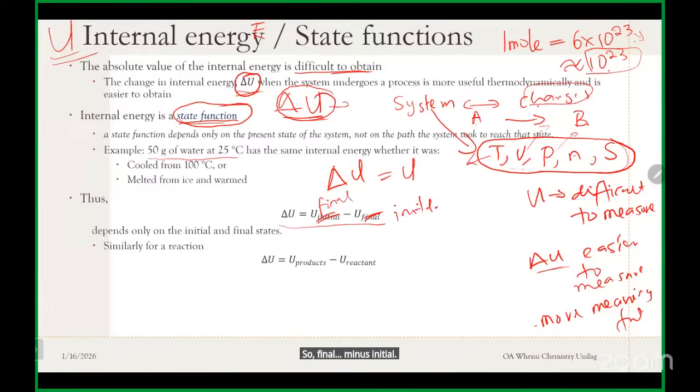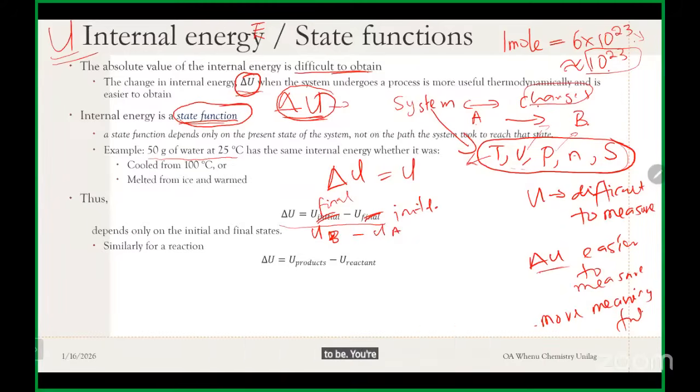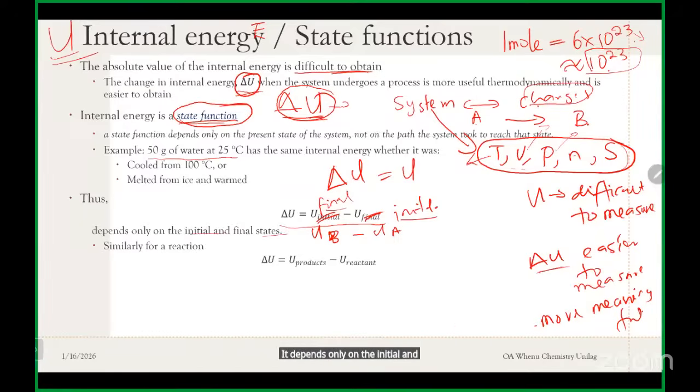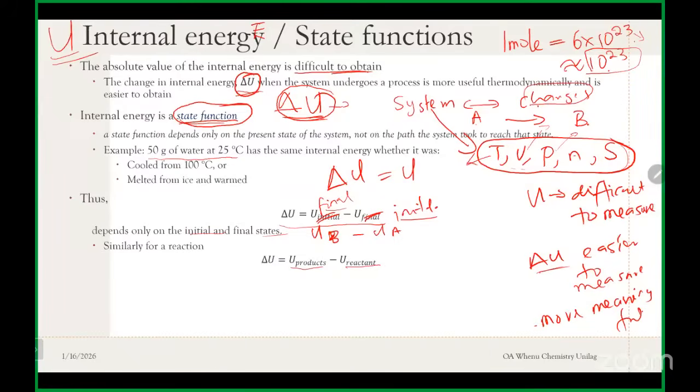Let me correct that: it is U of state B minus U of state A. You're going from an initial state to a final state, so it's U final minus U initial. It depends only on the initial and final states. So if we're looking at a reaction, it is the internal energy of the products minus the internal energy of the reactants.